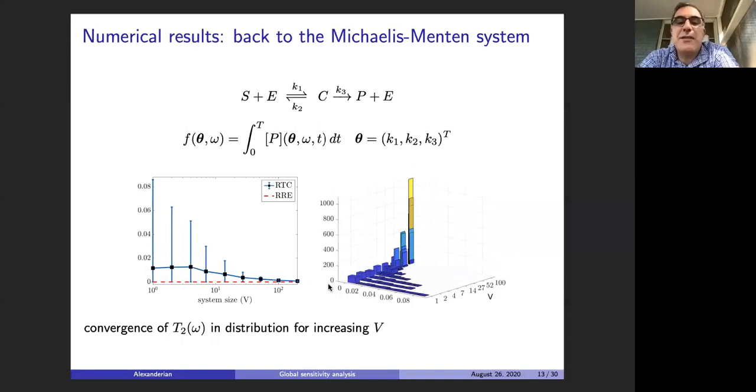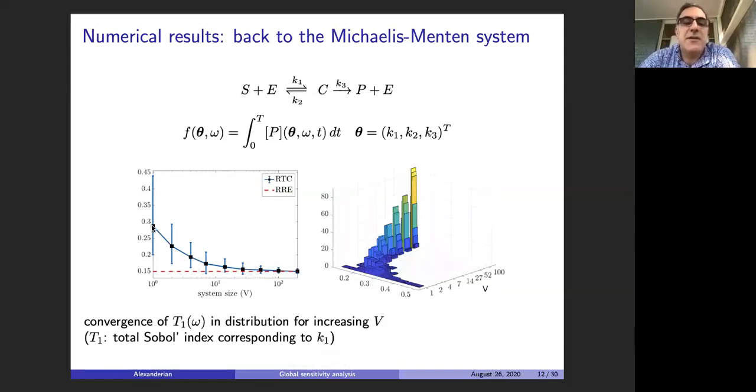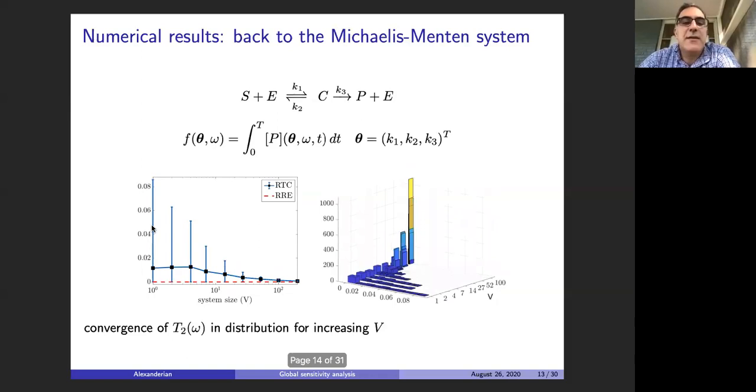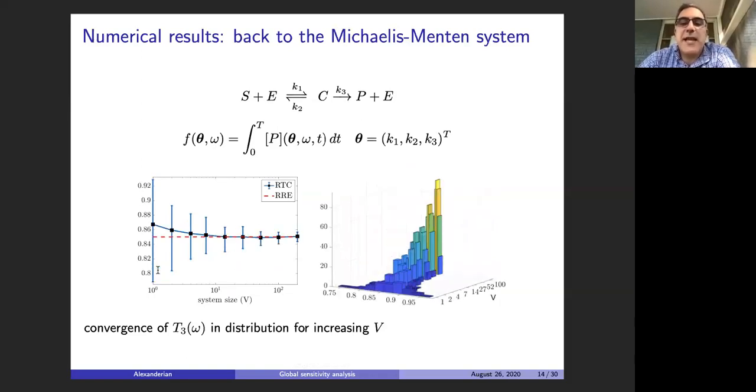We can repeat the same exercise for the sensitivity with respect to the second reaction rate. So that one was for K1, this is for K2. And similar observation as before. Take notice of the scale of the y-axis in the left plot. So this already indicates that this one is about 0.3. This one is much smaller. And we can do the same thing for the third parameter.